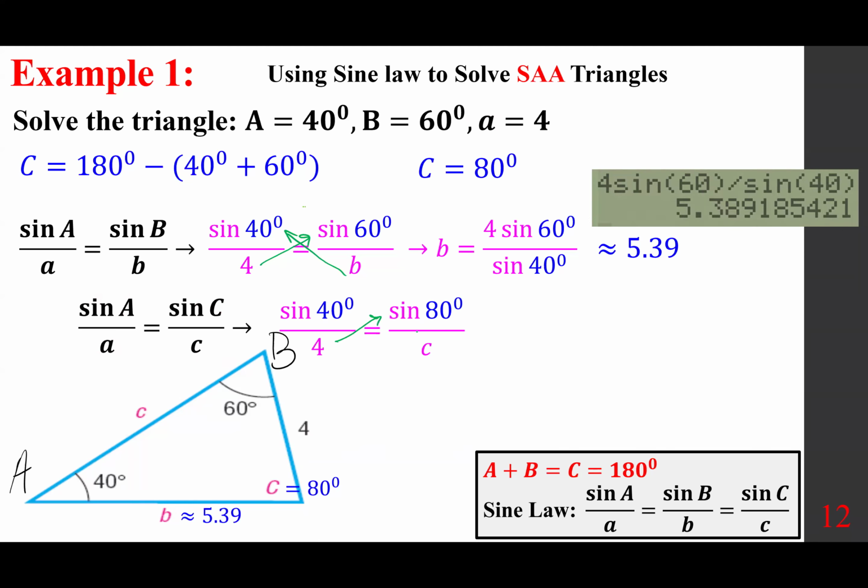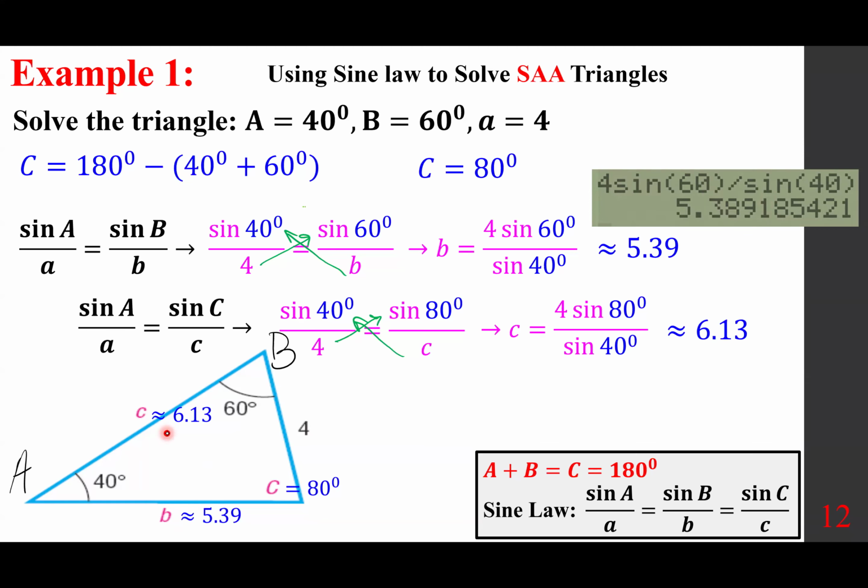Again, cross product, 4 times sine 80 equals c times sine 40, which makes c 4 times sine 80 over sine 40. You put it into a calculator, just as we did here, and it gives you the answer. So lowercase c is 6.13 roughly. So that's how you calculate this.